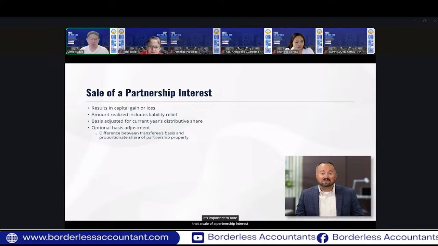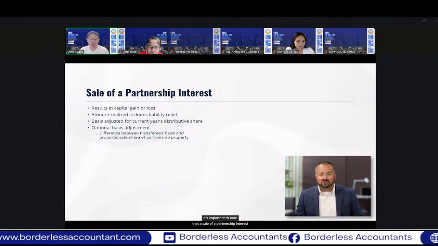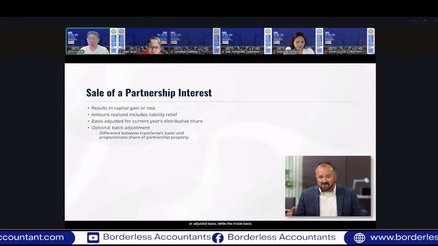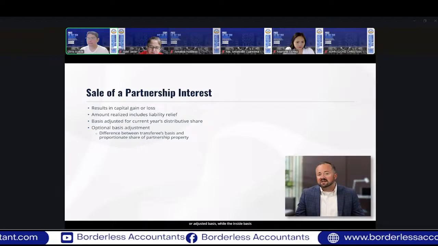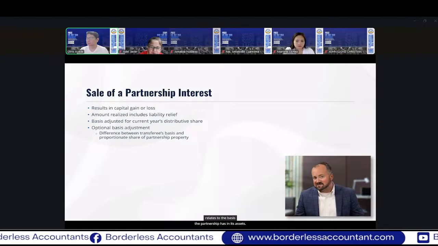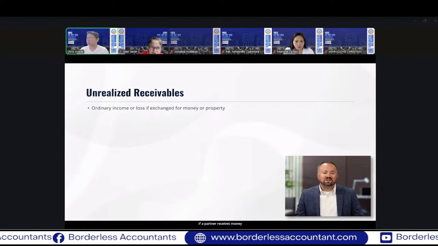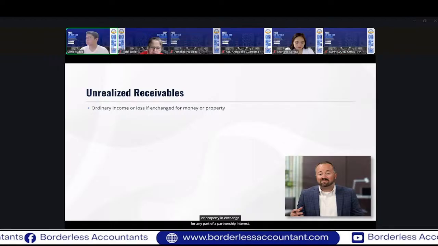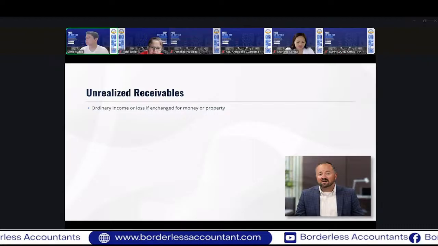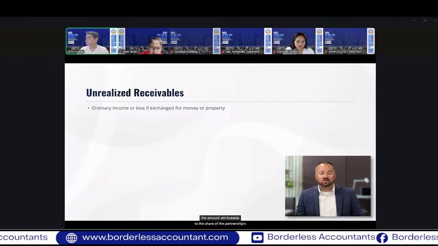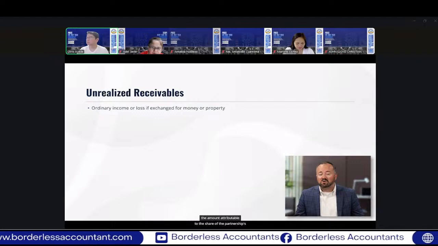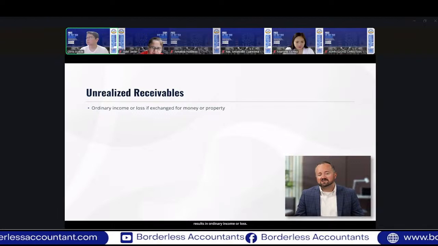It's important to note that a sale of a partnership interest relates to a partner's outside or adjusted basis, while the inside basis relates to the basis the partnership has in its assets. If a partner receives money or property in exchange for any part of a partnership interest, the amount attributable to the share of the partnership's unrealized receivables or inventory items results in ordinary income or loss.